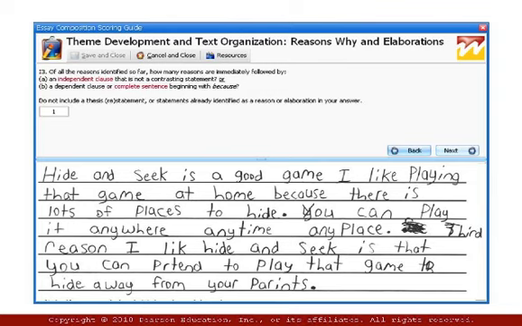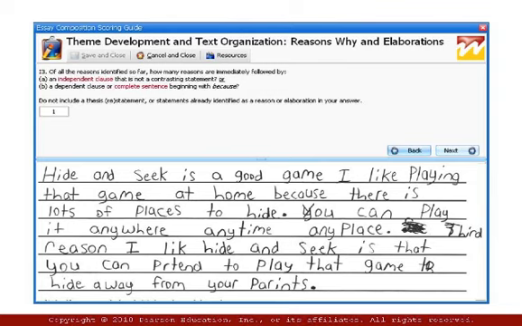Now, one of the things I think that strikes you when you're reading this essay is that the writer probably intended to present 3 reasons, and I believe that to be true. Why? Because as far as I'm concerned, he gave me his first reason here, he gave me a second one here, and he gave me a third one here. And I believe that this is meant to be a reason because he used the enumerative word third.